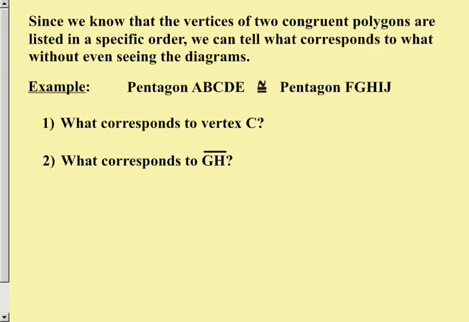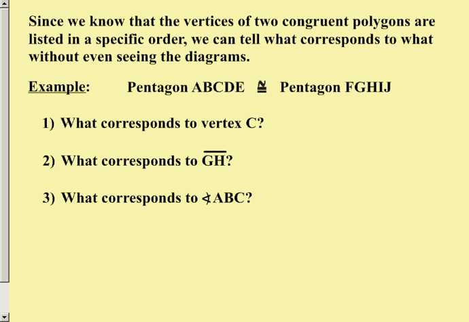Similarly, I would like you to answer what corresponds to line segment GH. So again, look at pentagon FGHIJ, look at the positioning of vertex G and vertex H, and then look at pentagon ABCDE and ask yourself which line segment is going to correspond to line segment GH.